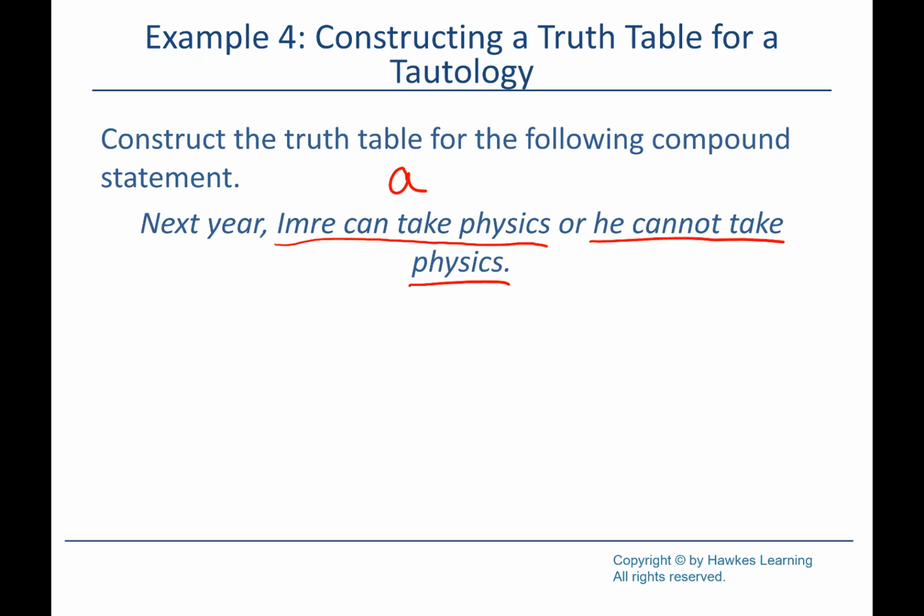This is the negation of that first part. So symbolically, the second part would be not A. And then we're joining that together with or. So our compound statement would be A or not A.